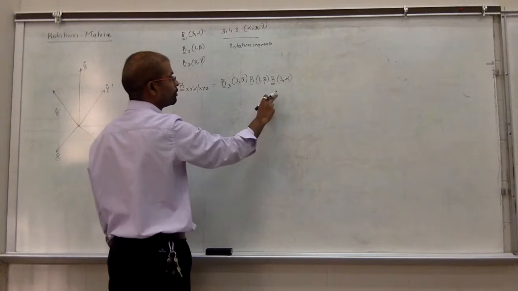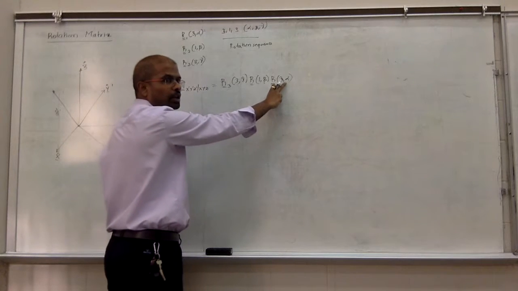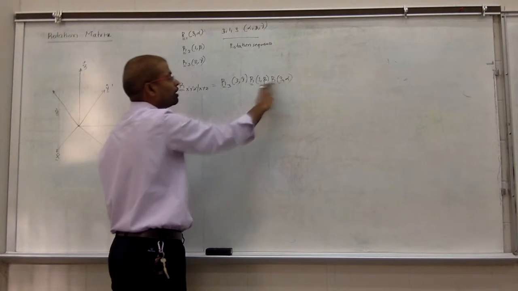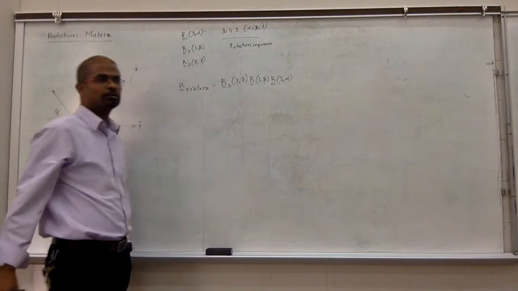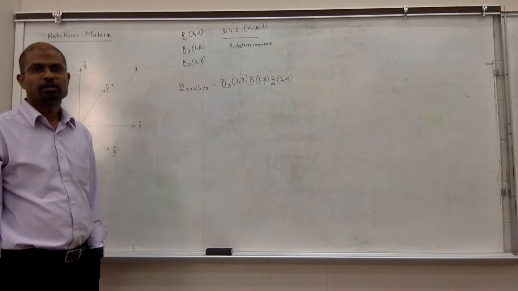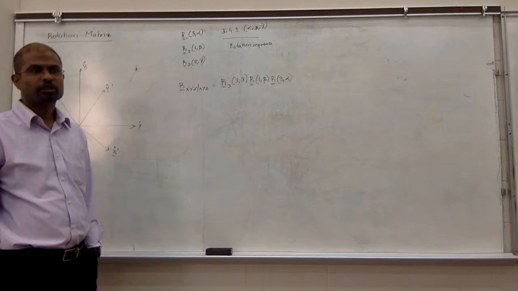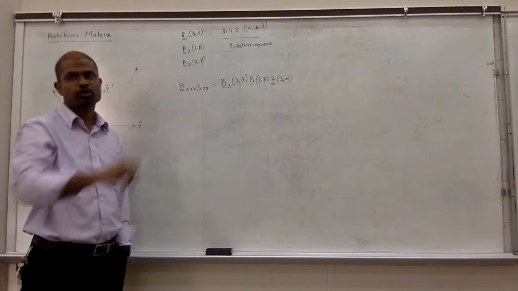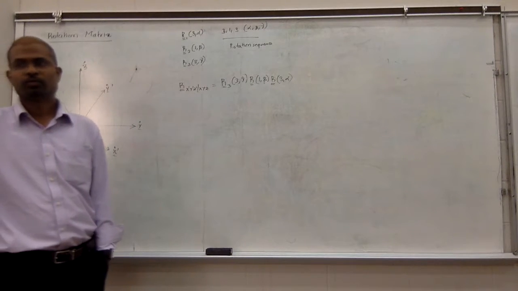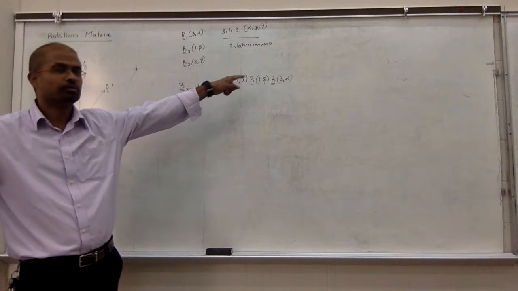This is the multiplication. If you see the multiplication sequence, alpha, beta, gamma. You see that? This is very, very important. You cannot switch this. If you switch this, you will get a different answer. These are all matrices.